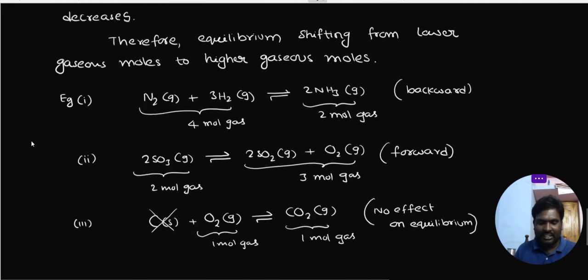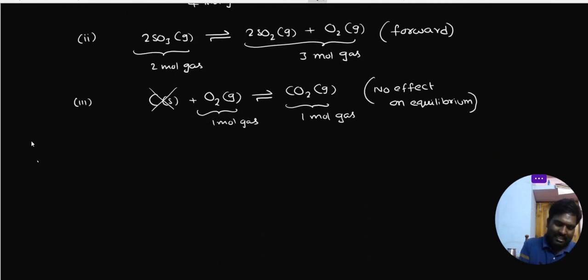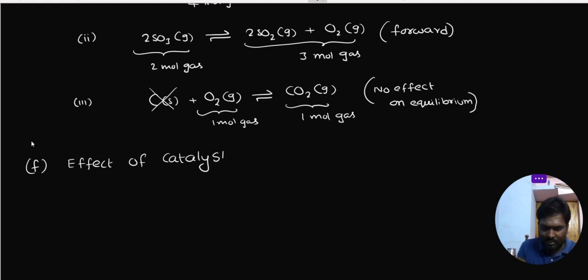Effect of catalyst. Last one, effect of catalyst. A catalyst can increase the rate of reaction by decreasing the activation energy or path length.